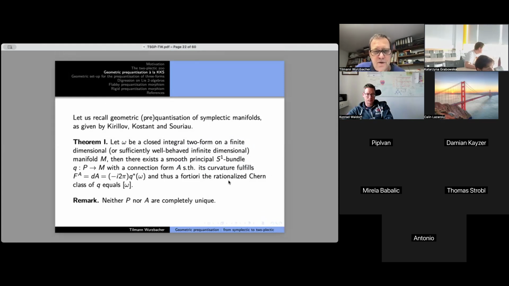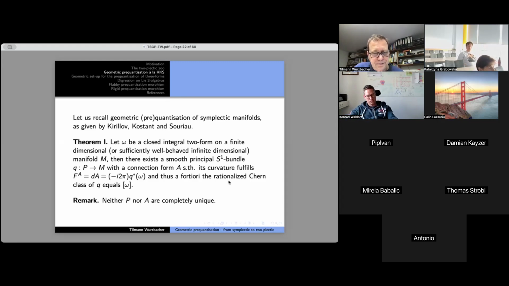Okay, that's this remark. So neither the total space P nor A are unique. Obviously A is not unique. You add a gauge transformation, which does not change the first term, and then you have a second term, but this goes away if you take curvature.